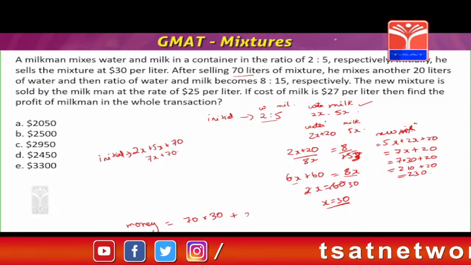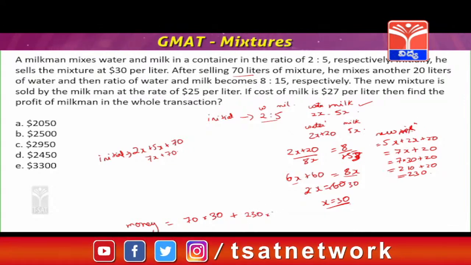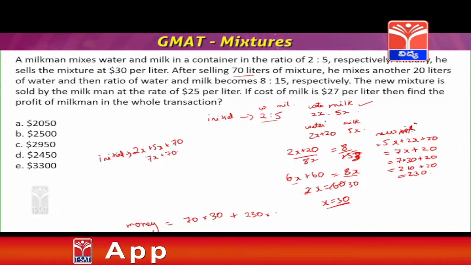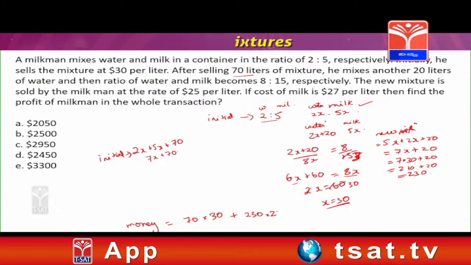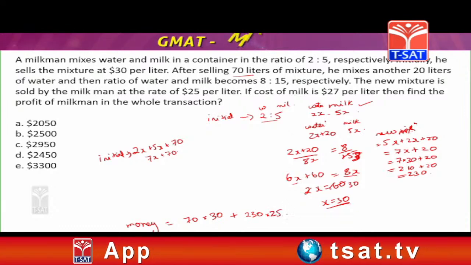This 230 liters he sold at 25 per liter. Now, we will have to remove the cost of milk that he had to pay.